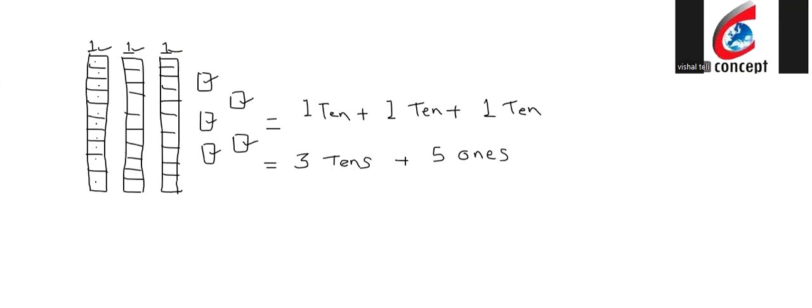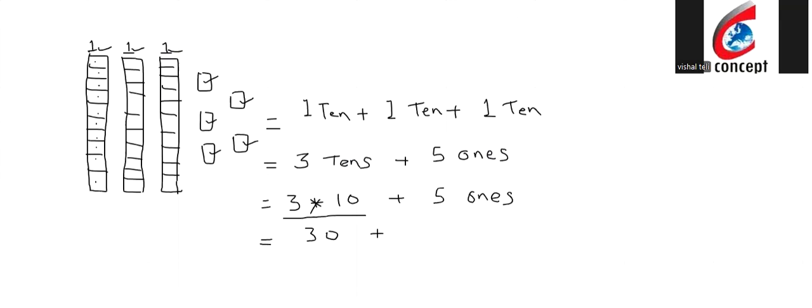So 3 tens are how many ones? 3 into 10, plus this is already ones. Now let's do it. 3 tens are 30, plus 5 ones.